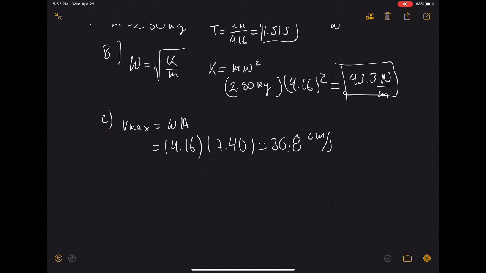And if it's asking in meters, you just have to divide it by 100, so 0.308 meters per second.